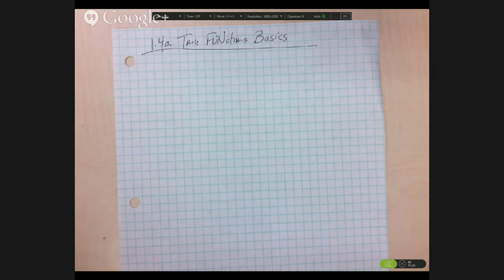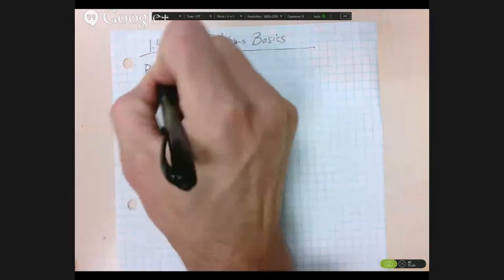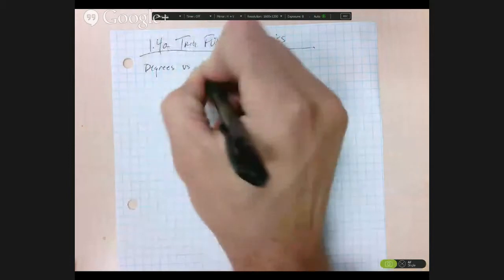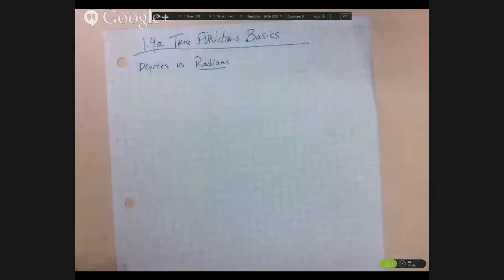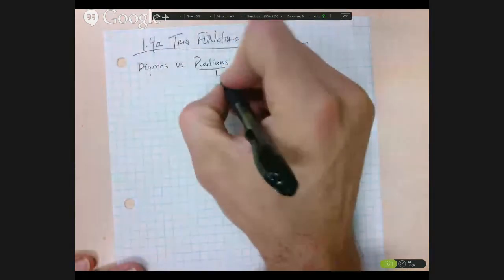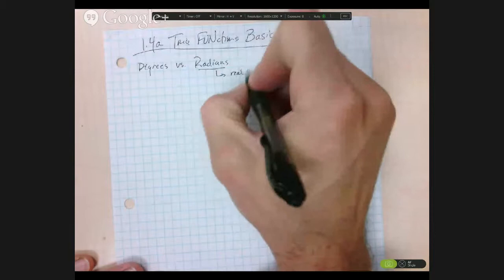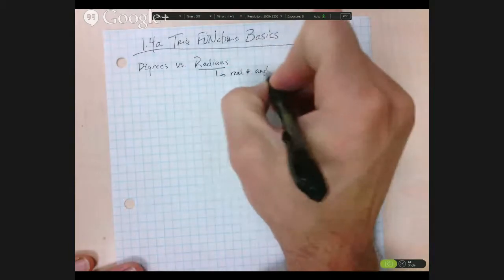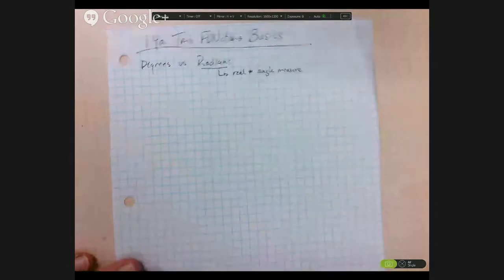So the first thing we have to know in calculus is that we don't use degrees. We use radians. I'm sure you're familiar with it, but it is a real number way to measure angles.